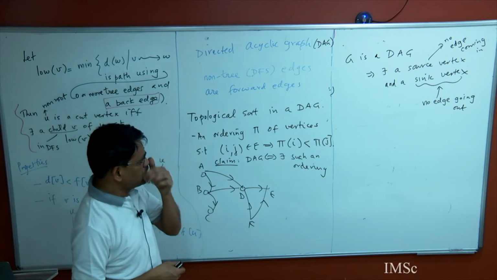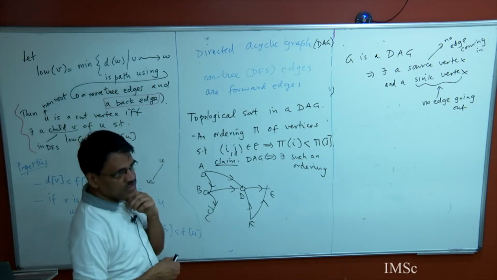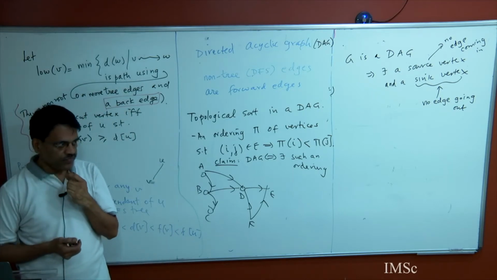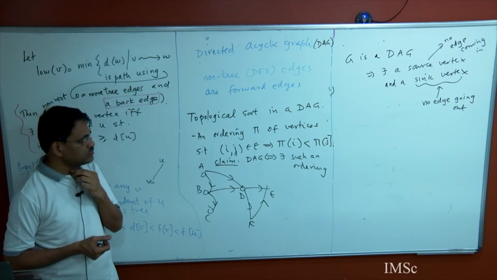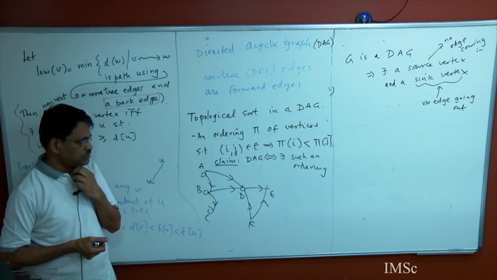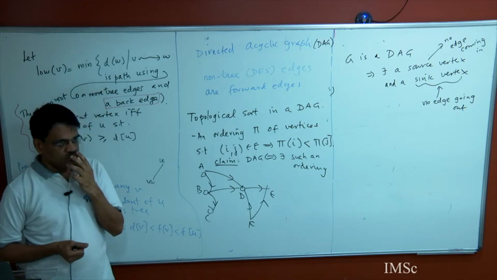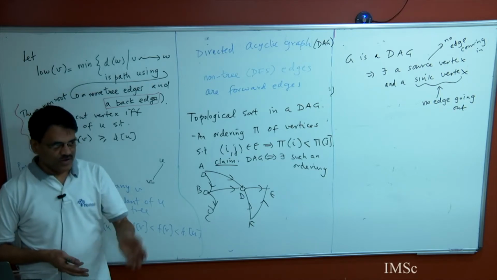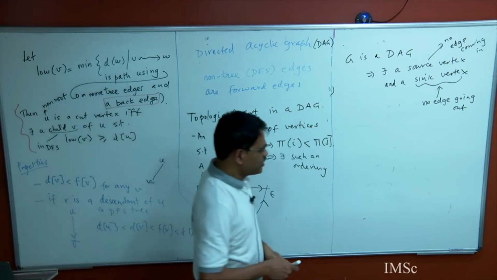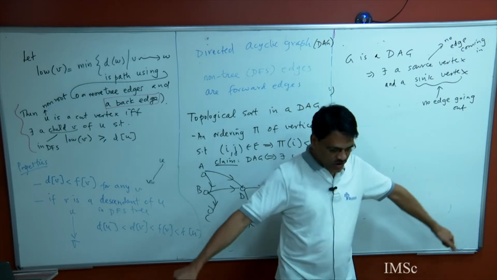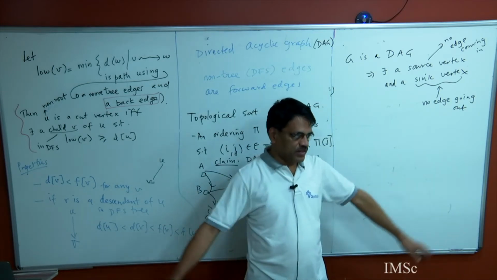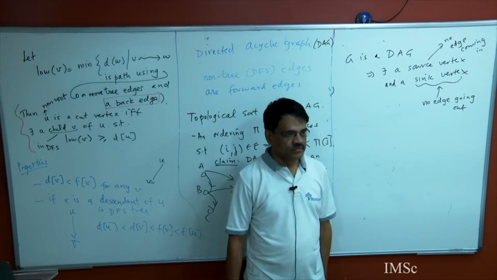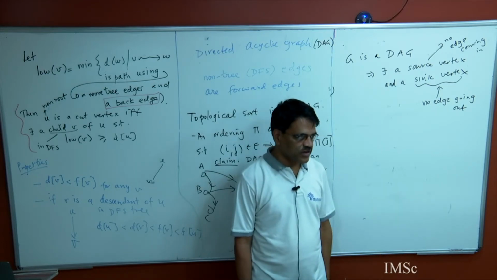Okay, so why should there be a source vertex and a sink vertex? I'm sure you can come up with multiple different proofs. So look at the longest directed path. Okay, the starting vertex must be a source vertex, right?